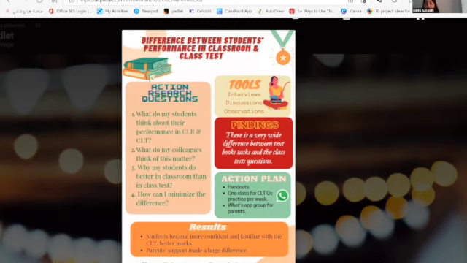For further understanding of the situation, I asked: do the students depend on the textbook solely to prepare for the class test? And the answer was no. After more observing and discussing, I came to this conclusion. Students depend on the textbooks for their performance in the classroom, but when it comes to the class test, they are missing the materials.